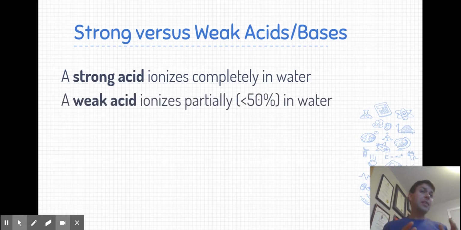A weak acid is one that ionizes only partially, which means if we were to put 100 acid molecules of a weak acid in water, maybe we'd only get 40 hydrogen ions, and some of those acid molecules would remain as full molecules dissolved in water, and they wouldn't ionize.